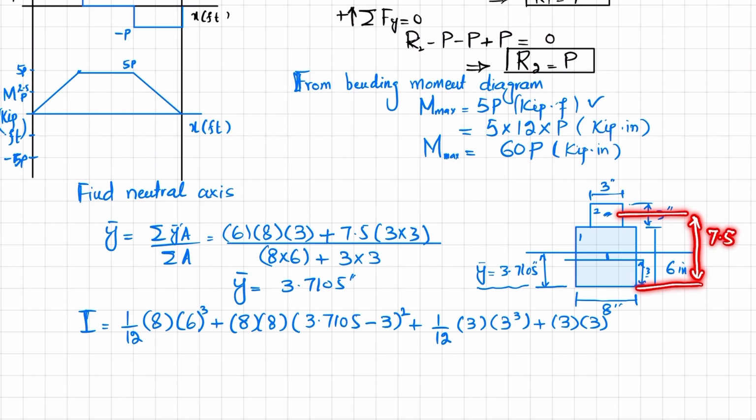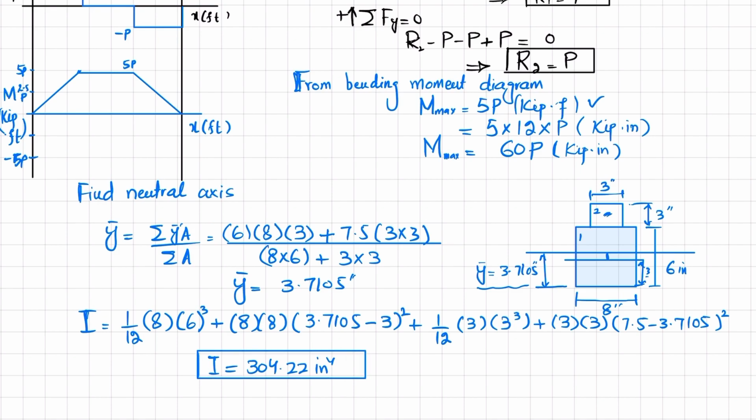If you subtract y dash from 7.5, you will be left with this distance, and this is your d. So d is 7.5 minus 3.7105, whole square. Again, when you solve it, you will get the moment of inertia of this whole cross section, that will be 304.22 inch power 4.